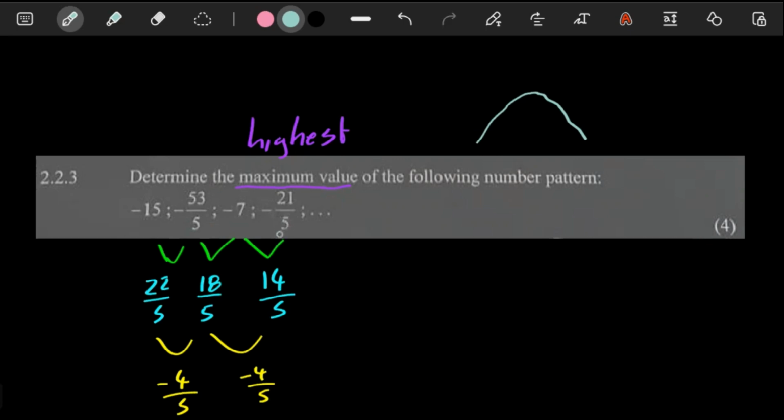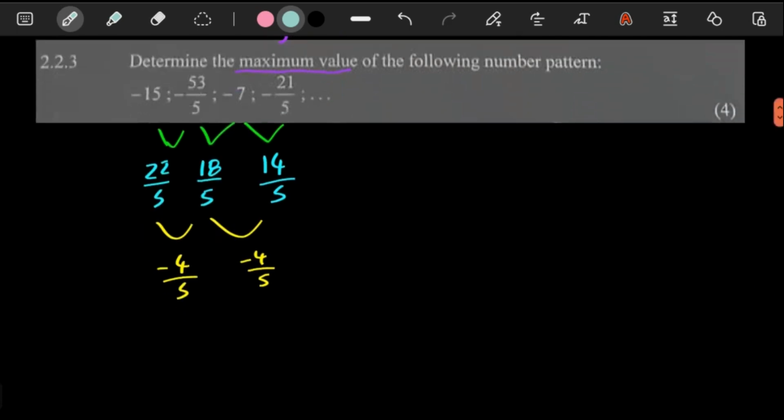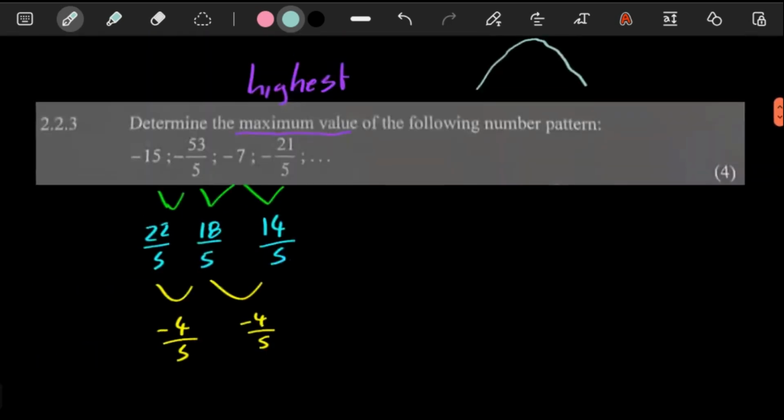For 4 marks, we almost have no choice but to work this out manually. I don't think manually working it out is a bad idea, but let's just get the general term for this sequence and then get the position of the highest number using the turning point formula.